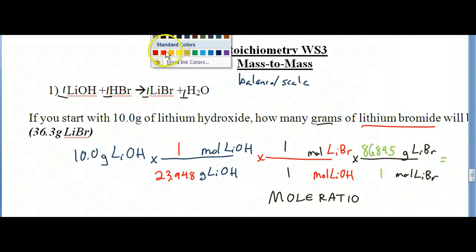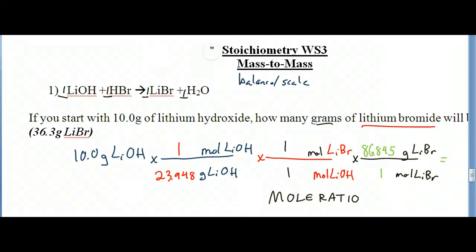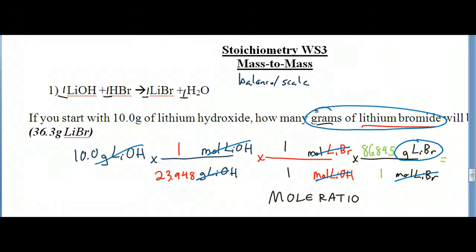You can still draw your diagonals with some vigor. Grams of lithium hydroxide, moles lithium hydroxide, and moles lithium bromide all cancel out. I am left with grams of lithium bromide, which is what the question is asking for.